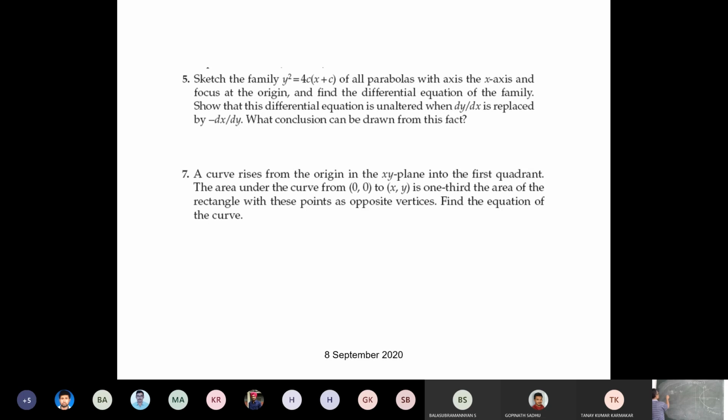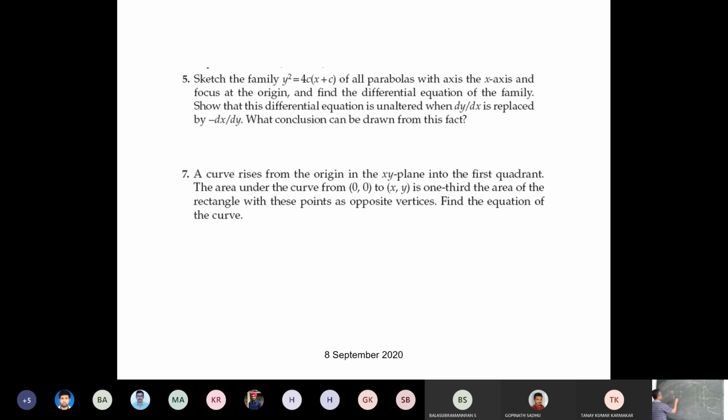So from here I am getting c equal to y by 2 dy dx. Now simply eliminate c between these two. In order to eliminate c, I can substitute the value of c from this equation here.